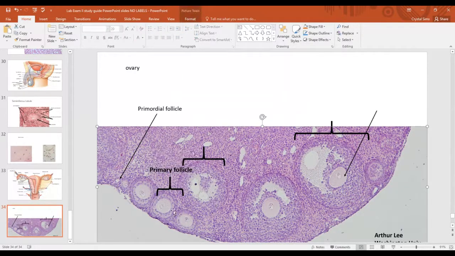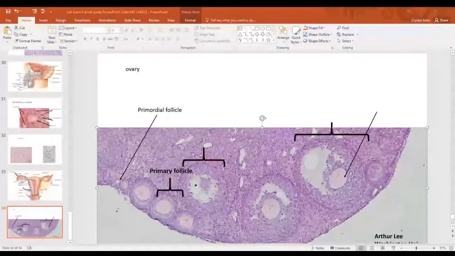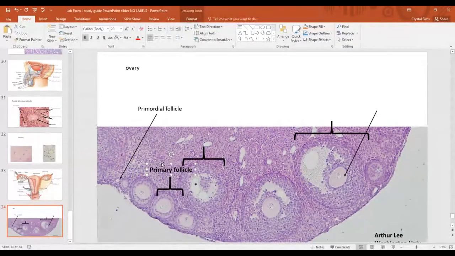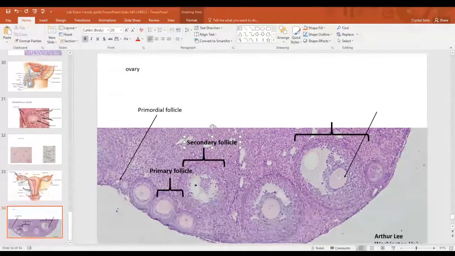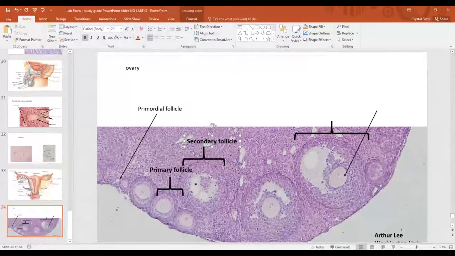All right, this is what organ do I have here? Yes, I have the ovary here. And so what we're going to be labeling here in this structure are the different follicles that we see that appear.